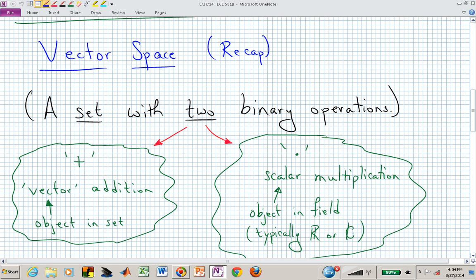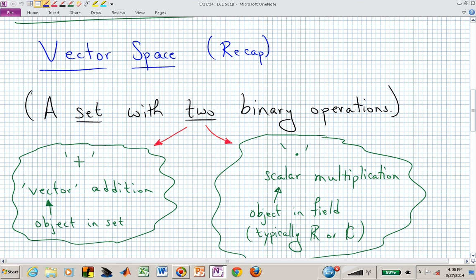Here's a recap of what we talked about last time, and that's this notion of vector spaces. This gives you maybe more of a pictorial representation, but we now have a set. Remember, we had 3 different things that needed to come together properly in order to define a vector space. One of those things was a set of objects. Those were our vectors, and now we needed to associate with those 2 binary operations.